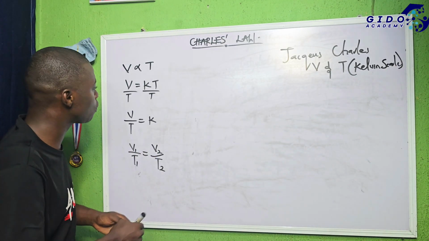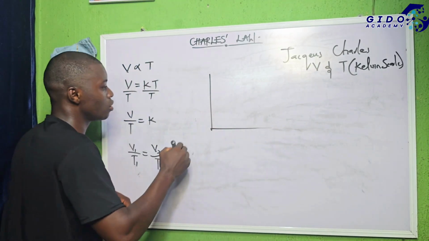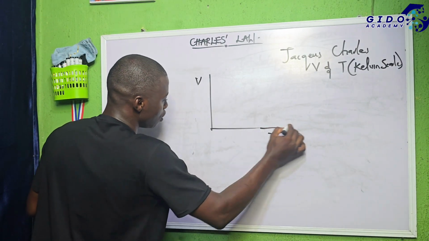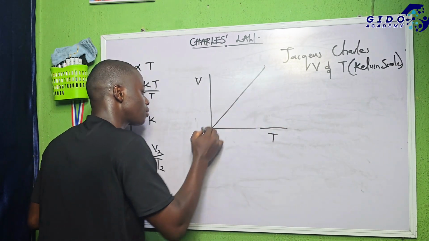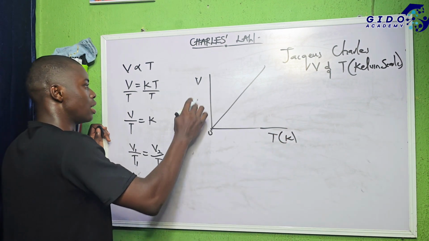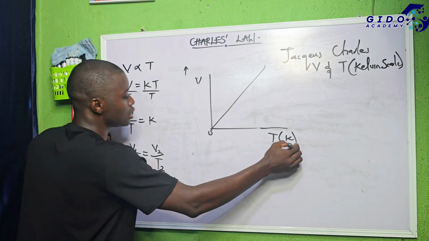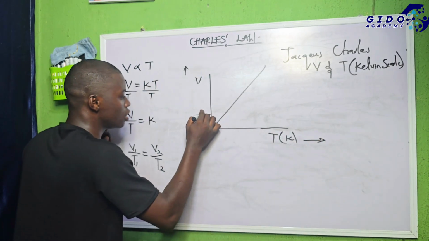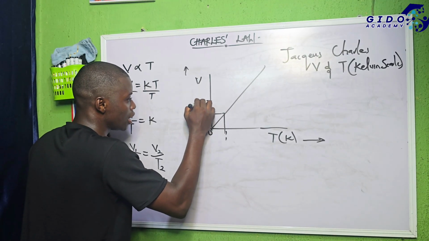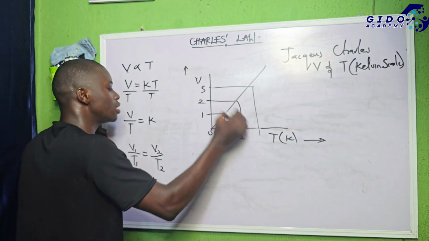Now, this is a graphical representation of Charles' law. Here is our volume and here is our temperature, in Kelvin. As long as the volume is increasing, the temperature will also increase.